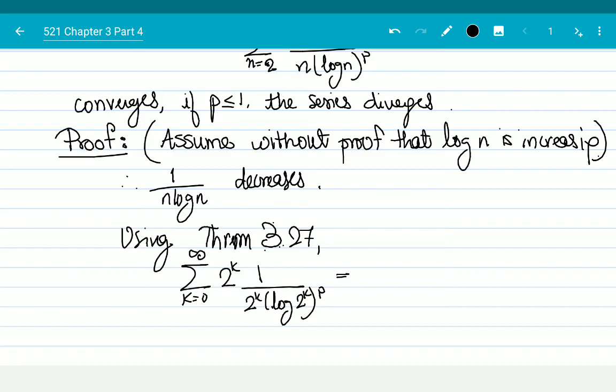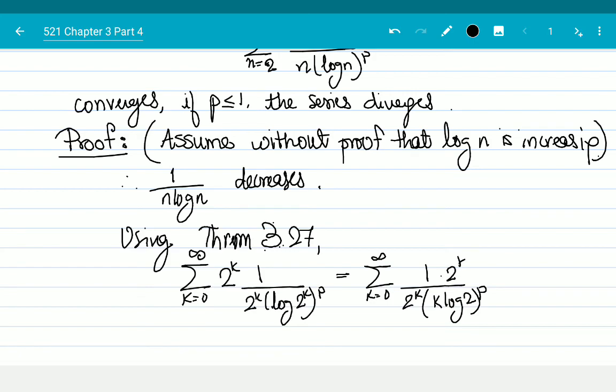Well, this is equal to summation k is equal to 0 to infinity 1 over, well, by properties of log, this is just 2 to the k log 2 to the p, right?